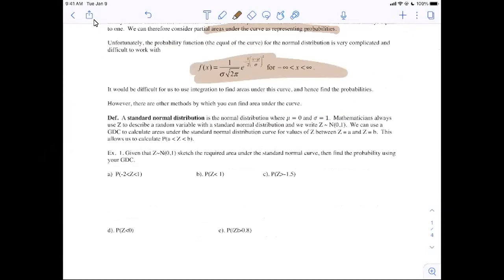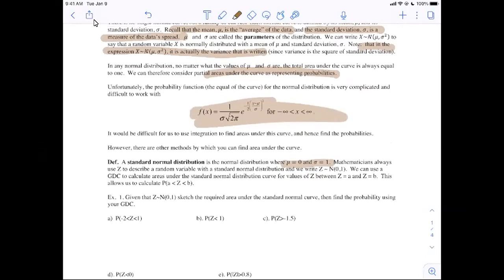So your numbers on the x-axis are going to change based on every situation. So what we do, though, is you can do something called a standard normal distribution, where mu is 0 and sigma is 1. Mathematicians always use capital Z to describe a random variable with a standard normal distribution.